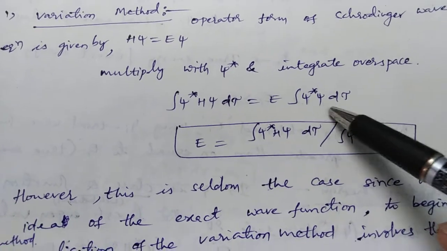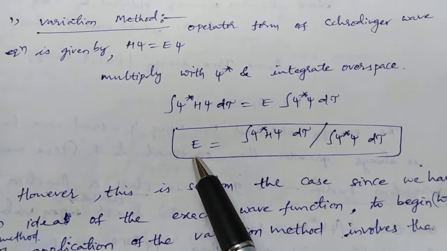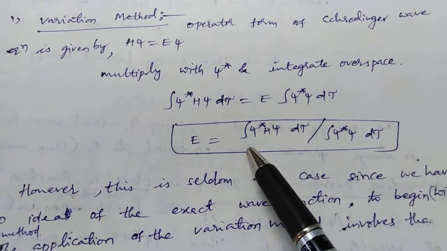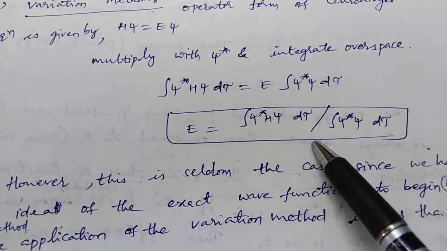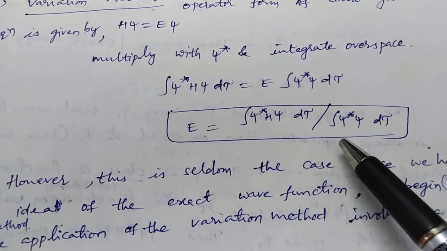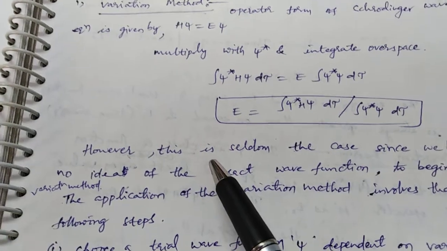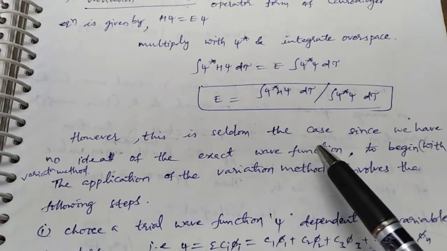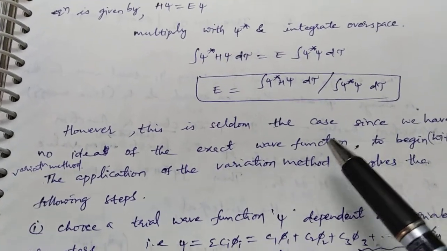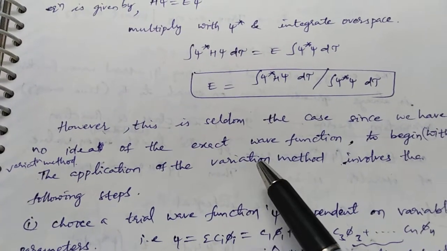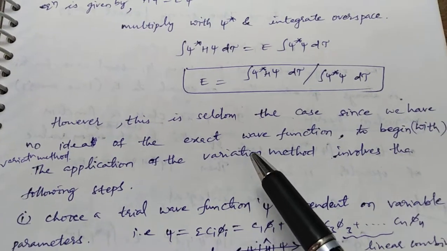By rearranging this equation, we get the energy expression as integration of psi star H psi d tau divided by integration of psi star psi d tau. However, this is seldom the case since we have no idea of the exact wave function to begin the variation theorem.